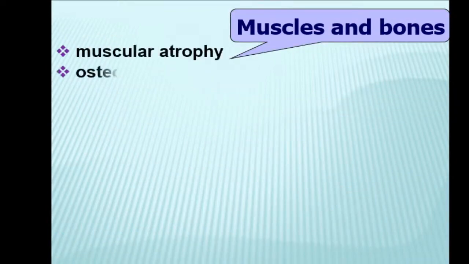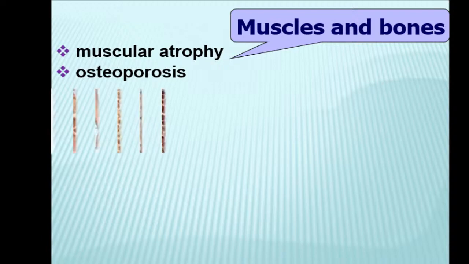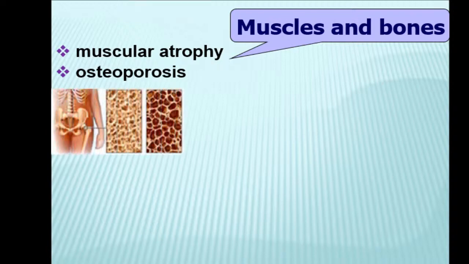Locomotor system. The patient can complain of early muscular atrophy and osteoporosis. You understand? Which provokes bone fractures. Insignificant trauma may end with a fracture. You can compare the density of normal and diabetic bones.